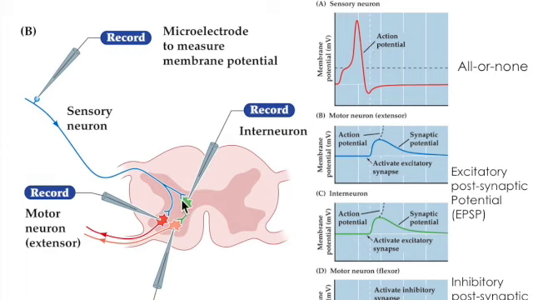Then there's a motor neuron. The first motor neuron receives the same input and immediately becomes more excited, so it becomes a little more likely to fire. In contrast, there's this mediating interneuron in the middle of the circuit that flips the polarity of this excitatory postsynaptic potential into an inhibitory postsynaptic potential.